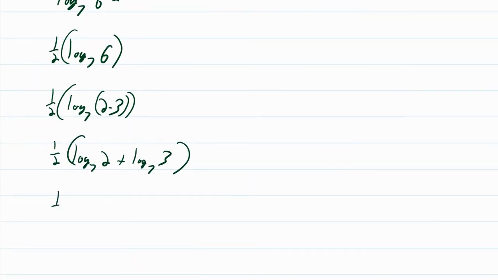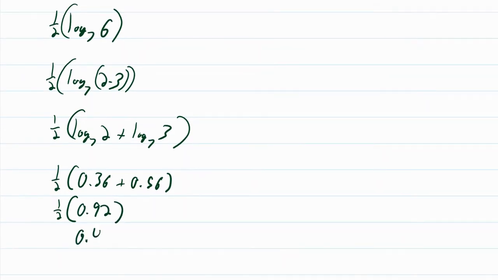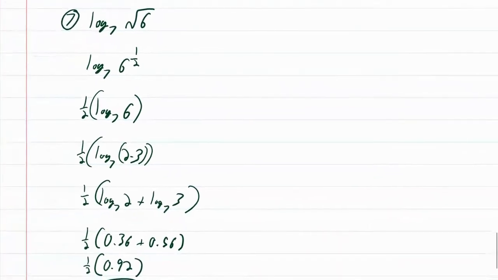And that just means that I'm going to add 0.36 plus 0.56, which is 0.92, and half of 0.92 is 0.46. So again, we were able to approximate that log just knowing the other two.